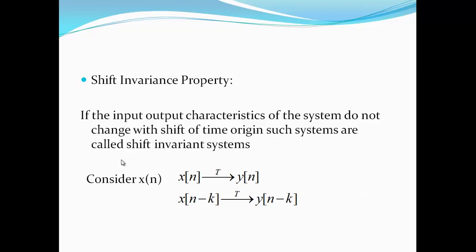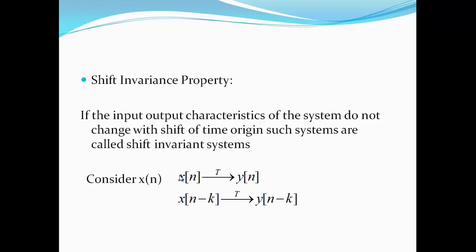In mathematical terms, I supply a signal x(n) to the system and I get an output y(n). Then if I delay my input by k units, the output should also be delayed by k units only. It should not be delayed by more or less than k units.